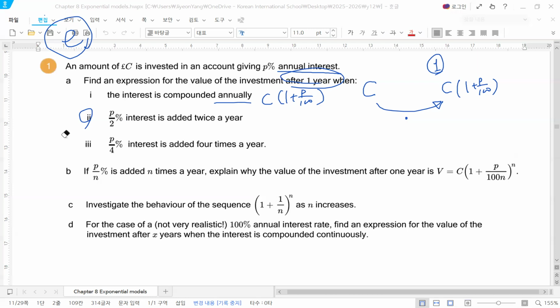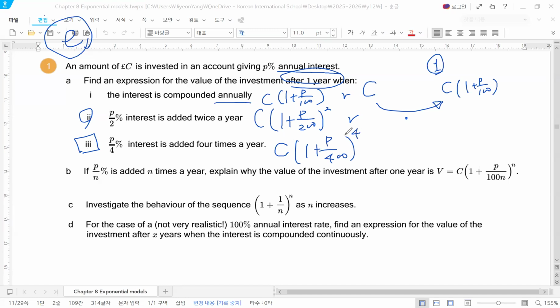Okay, so this one is C times 1 plus P over 200 squared. Students, by observing these two, I wonder whether you can make the numbers straight. C times 1 plus P over 400 to the power of 4.